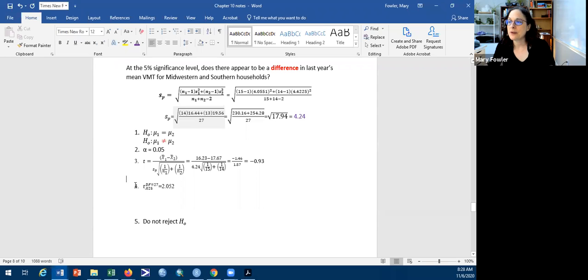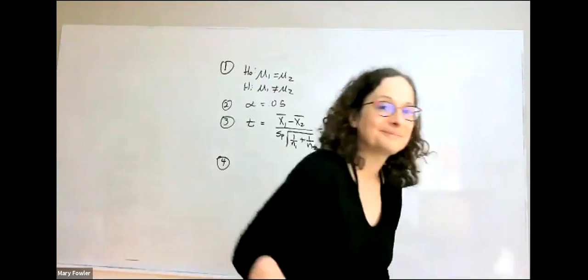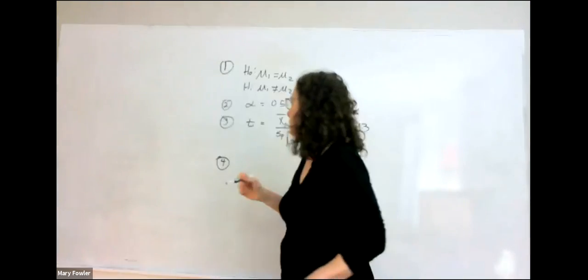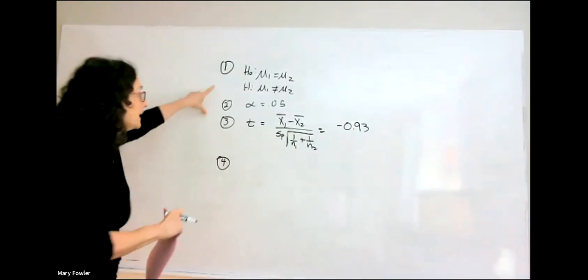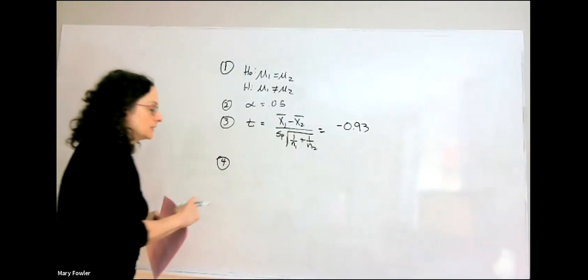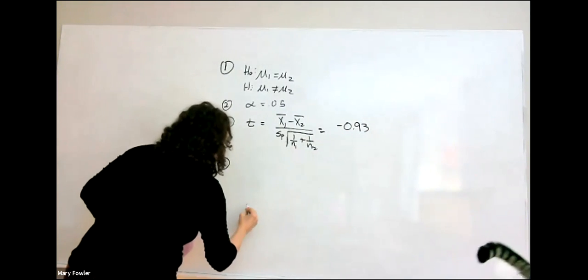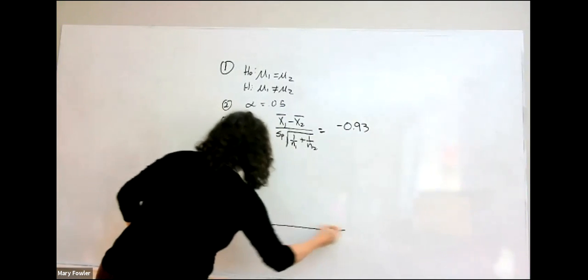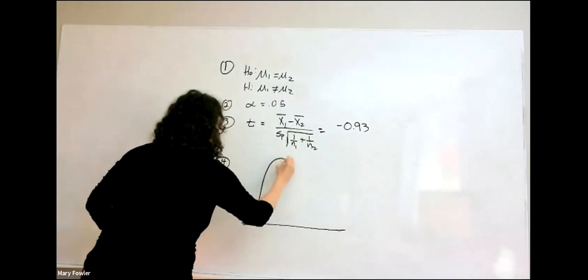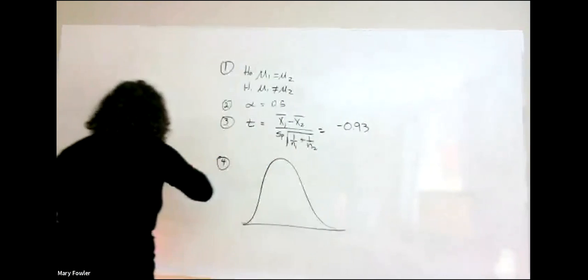Next step would be to determine the rejection, non-rejection region. So I just brought the problem over to the whiteboard. And we need now to determine the rejection, non-rejection regions. Step 4. Okay.